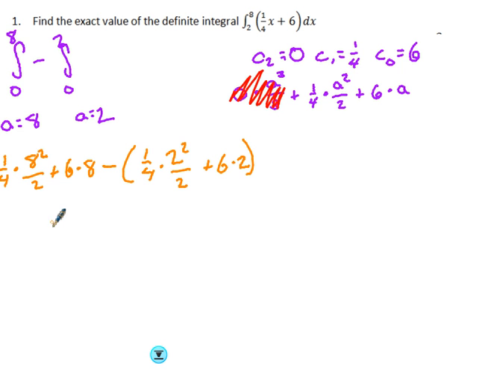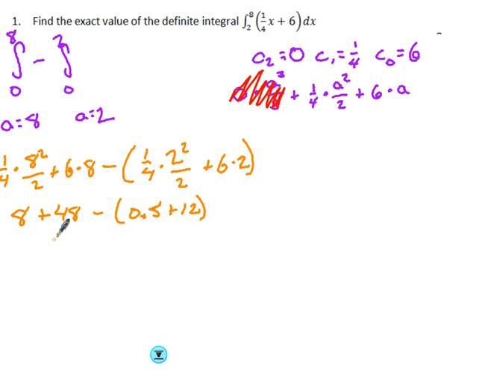So if I clean all this up and multiply 8 squared, we're going to say 64. 64 divided by 2 is 32, and 1/4 times 32 gives you 8, plus 6 times 8, that'll give you 48, minus, so in parentheses here you've got 2 squared, which will be 4. 4 divided by 2 is 2. 1/4 times 2 is a half, so 0.5, plus 2 times 6 is going to be 12.